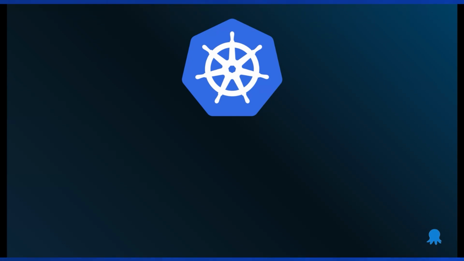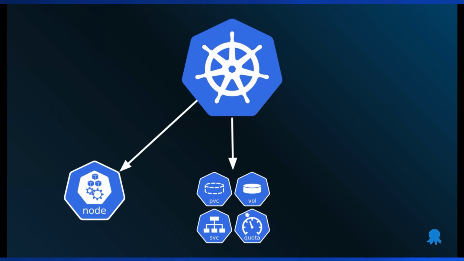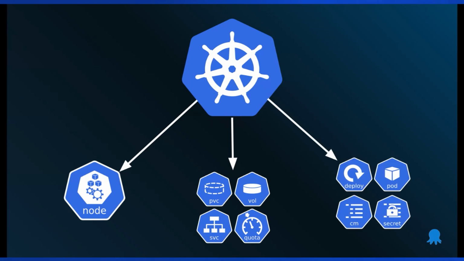Kubernetes, it lets you do that with your infrastructure. It lets you manage your compute capacity, things like nodes that might be in the cloud, but they can be on premises too. Lets you manage infrastructure concerns like disks, your quotas, your networking. And then it lets you manage your workloads themselves by using binaries and containers and configuration like config maps and secrets.